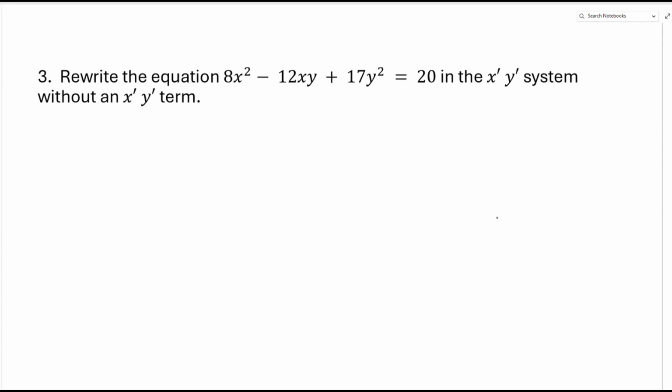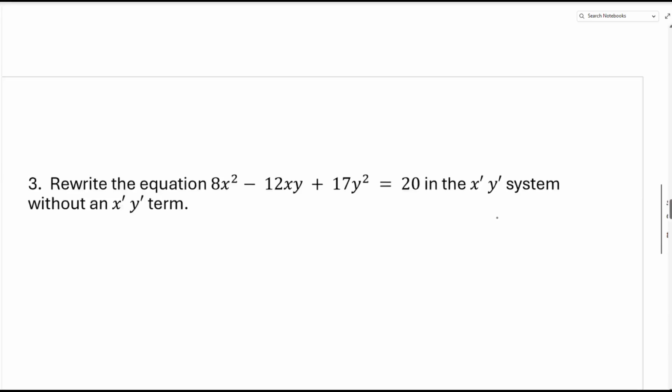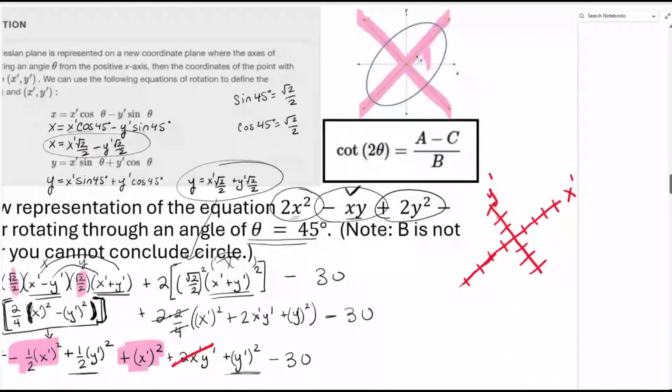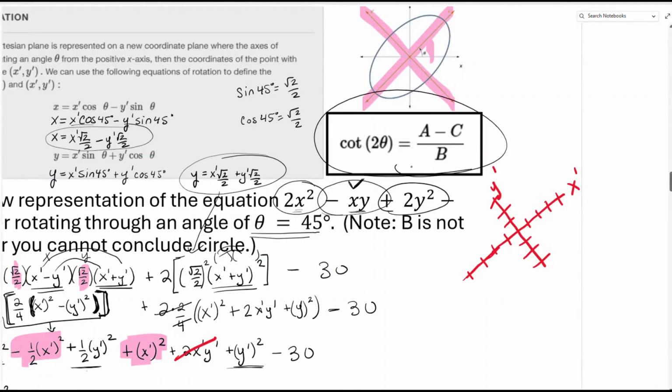Okay. I'm going to scroll up and point to something right here. If we don't have the angle, we will have to use this formula to find, or at least draw, the angle.